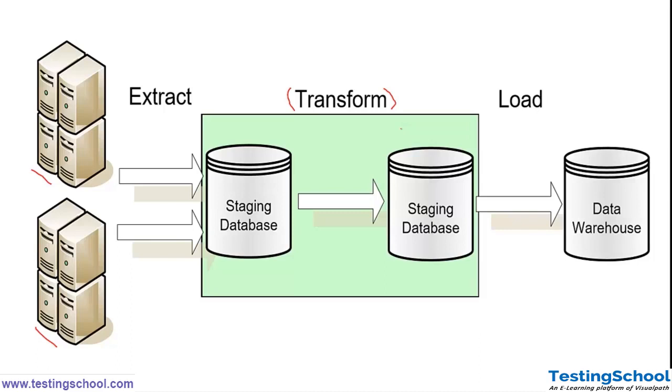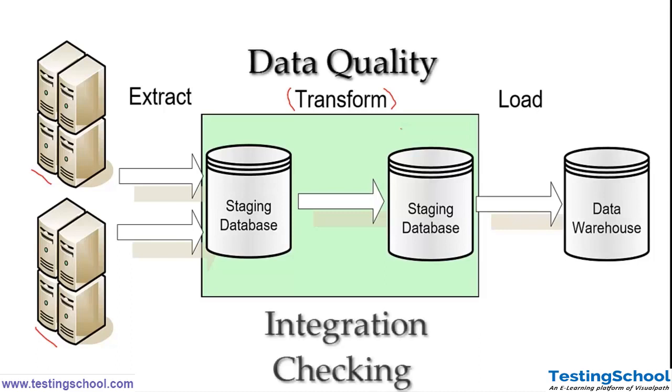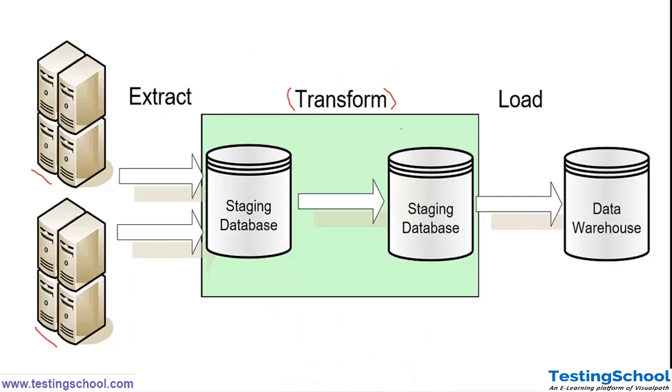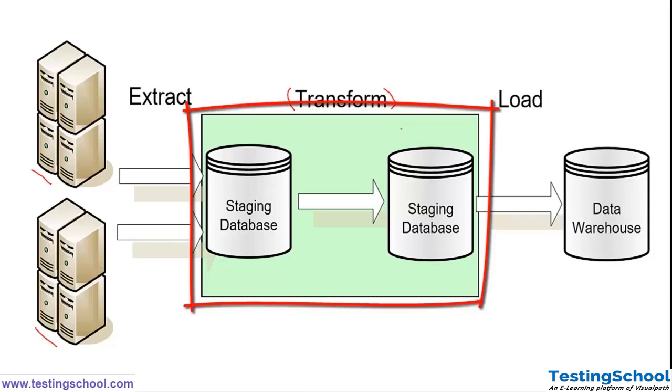Now, data quality and integration checking is performed as part of the transformation process, and any corrective actions which are required to make the data better are used to build a data warehouse in the whole process, right? So transformations and integration checking are performed in the data staging area. As you can see in the staging database, these are performed in the staging area.